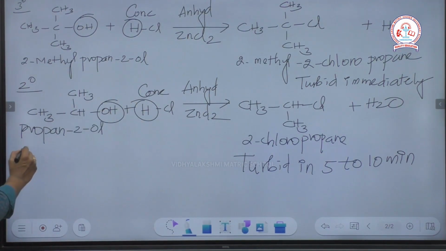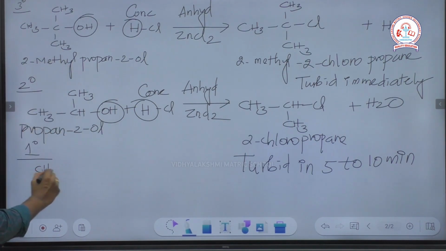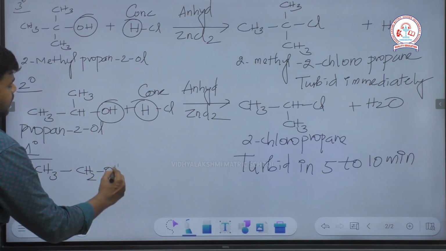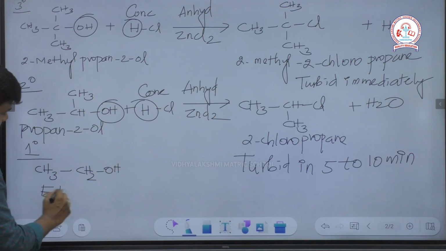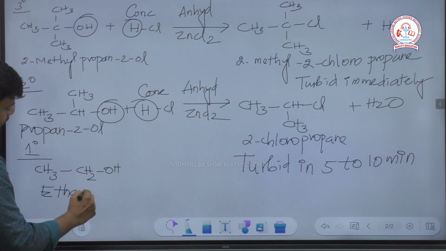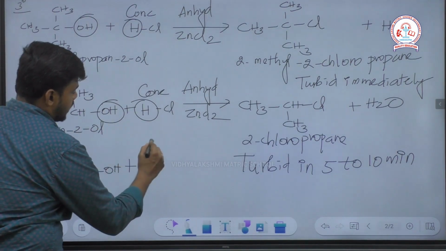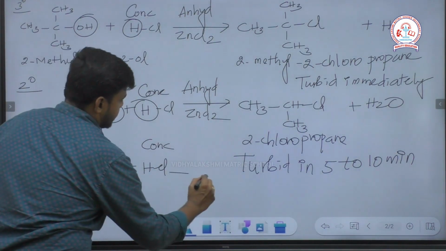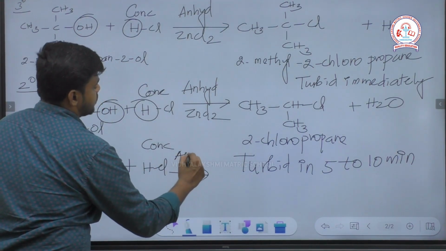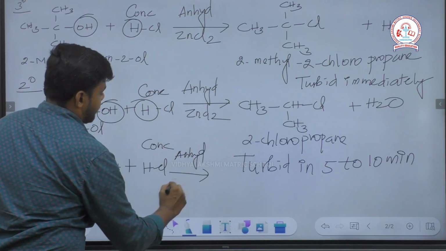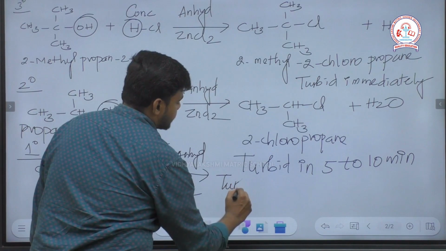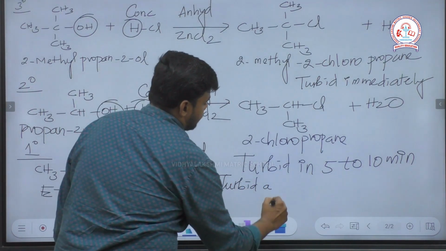If you take a primary alcohol, let me take ethanol. On treatment with concentrated HCl, in the presence of anhydrous zinc chloride, you can just mention that turbidity appears on heating.